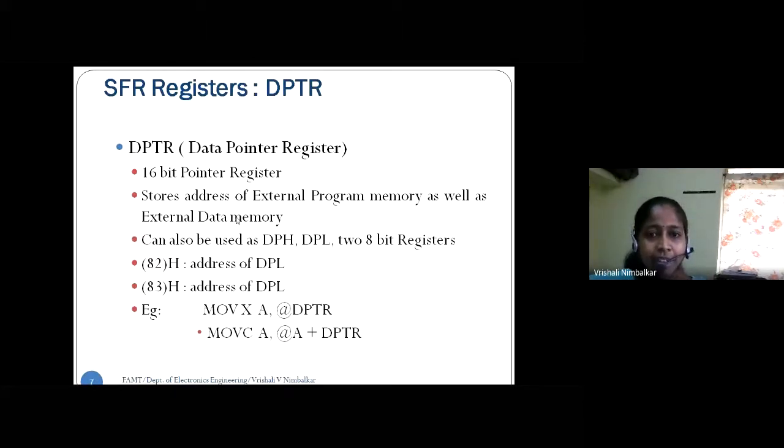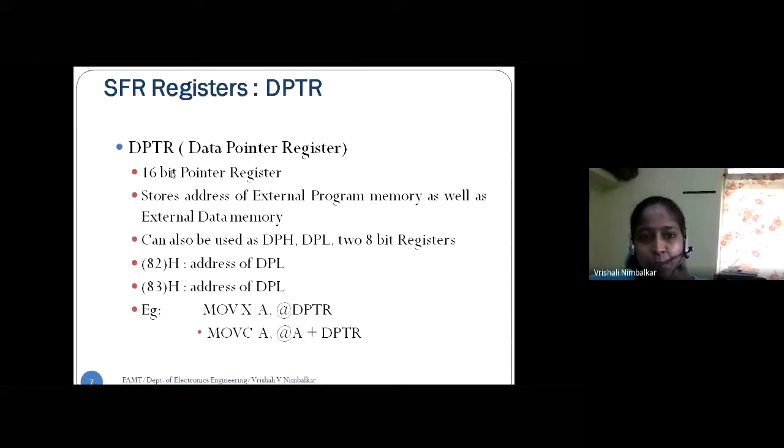And the size of memory is 64 KB. 2 raised to 16 is 64 K, which means the address will have 16 bits. And hence the register is also a 16-bit pointer register. Your DPTR is a 16-bit pointer register, storing the address of external program memory and data memory.